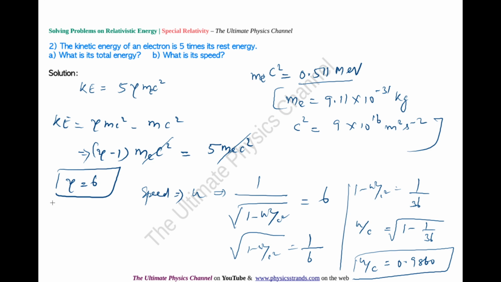Therefore, the speed of the electron u is 0.9860 c. That's it. Let's move on to the next one.